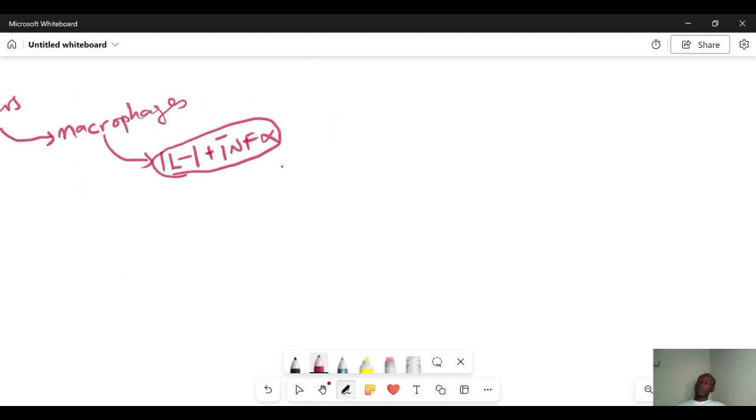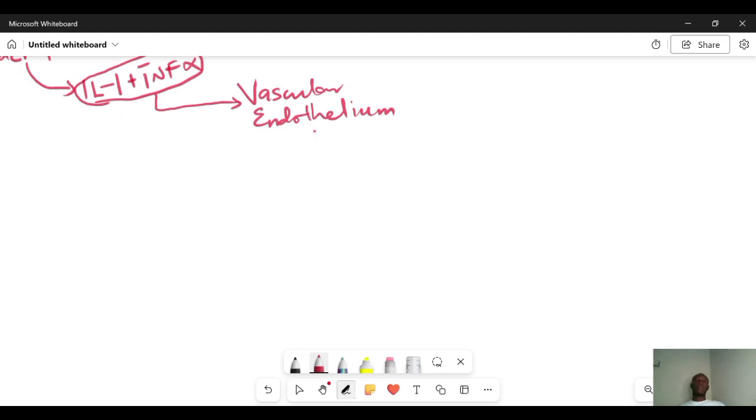One of the important functions is that they go on to stimulate the cells of the vascular endothelium, and when this happens, this triggers the release of tissue factor.